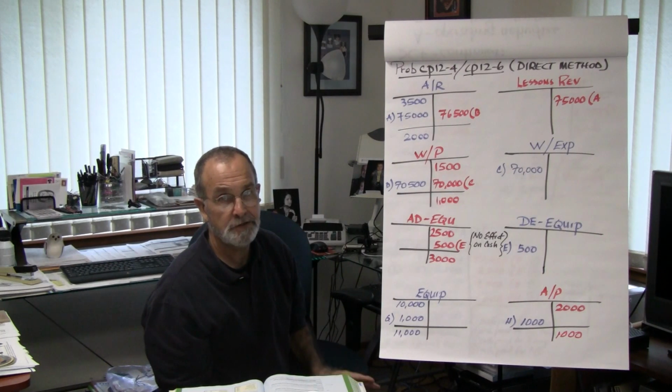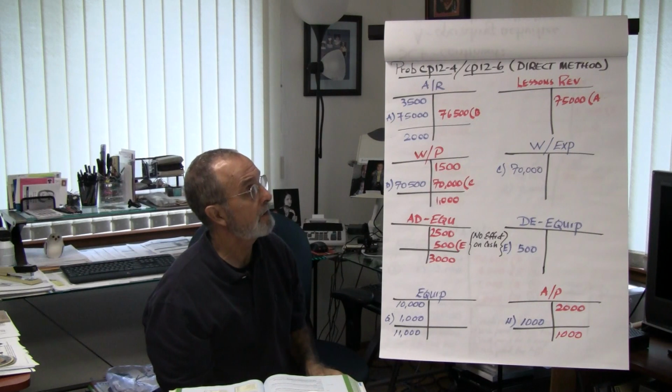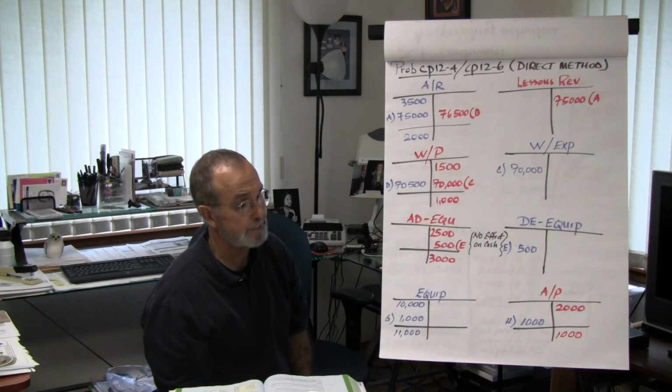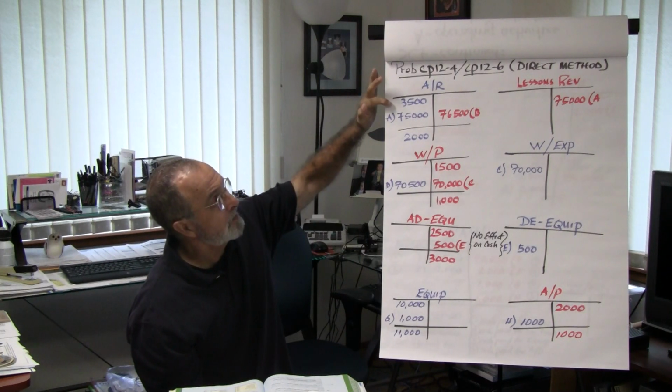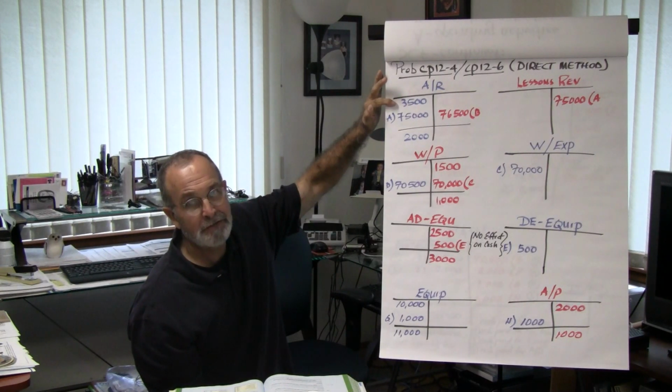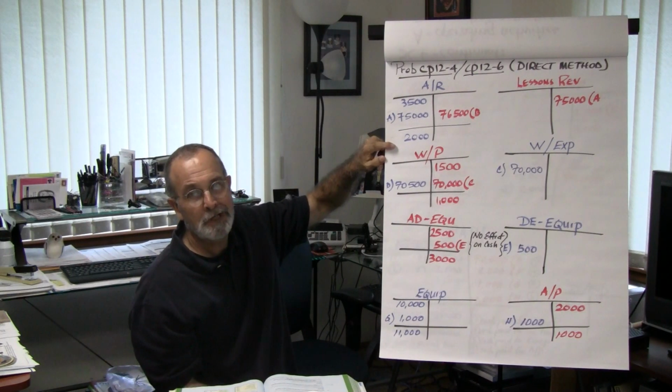Well, the difference can be calculated by simply subtracting the beginning and ending balances in the accounts receivable account. We started out with $3,500 in accounts receivable, and we ended with $2,000.